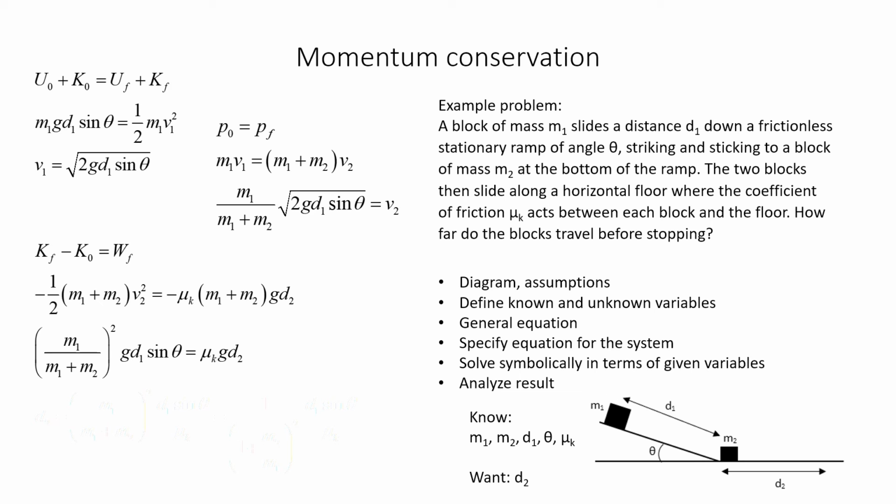For the next step, I've canceled the term of m1 plus m2 on both sides and the minus sign. I've substituted in v2 squared. That gives me an m1 over (m1 plus m2) quantity squared. And then the square root term, 2g d1 sine theta, and the 2 cancels with a factor of 1/2. That just equals mu k g d2.